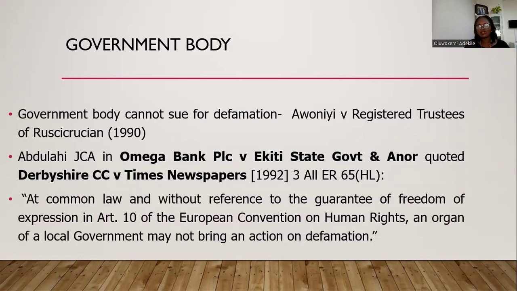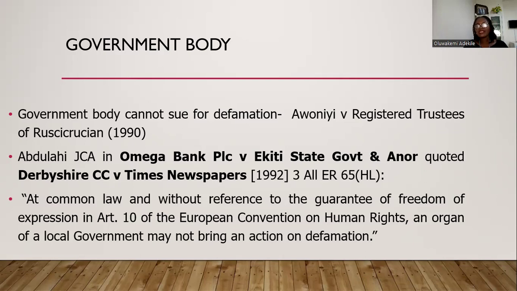A government body cannot sue for defamation: Lagos State government, federal government, the House of Assembly, the Ministry of Health, the Central Bank. Government entities cannot sue. You can see Awoni against Registered Trustees of Registration Order, and Omega Bank PLC against State Government and another.